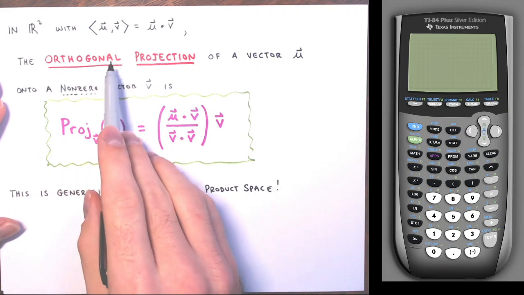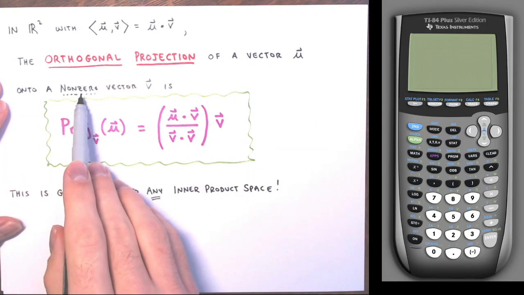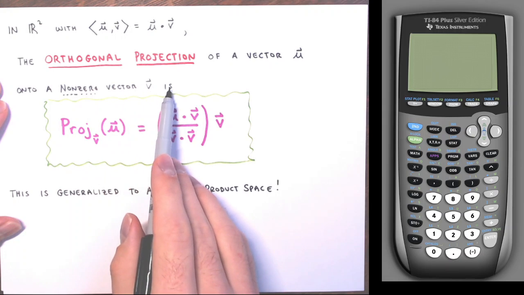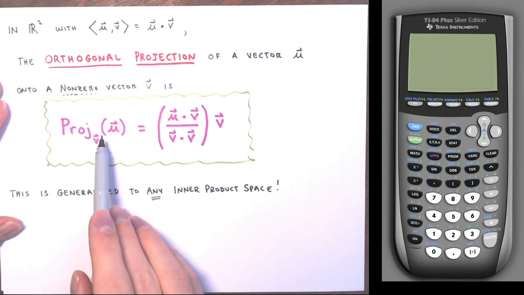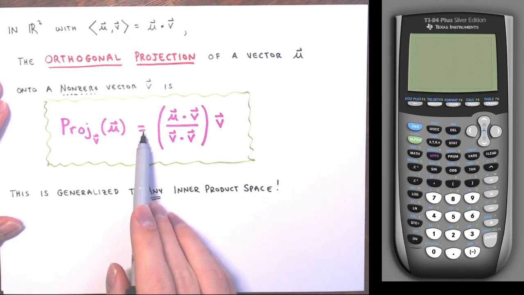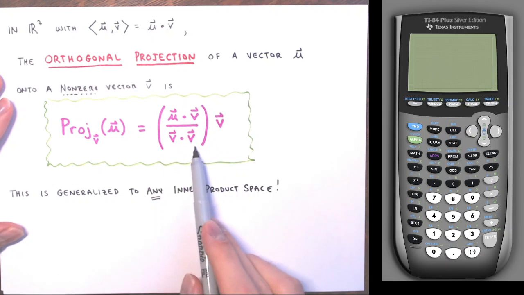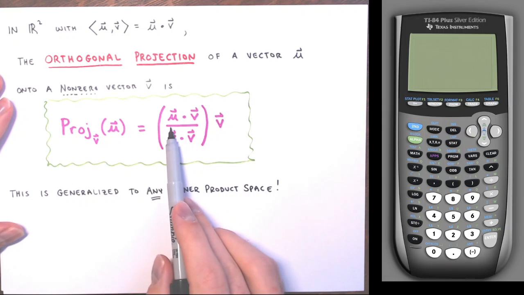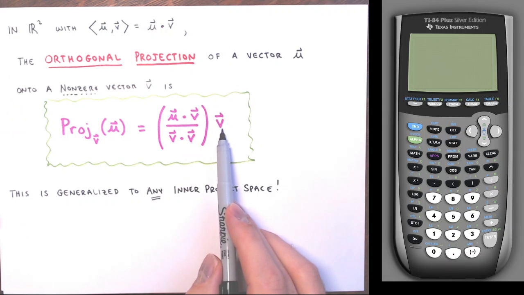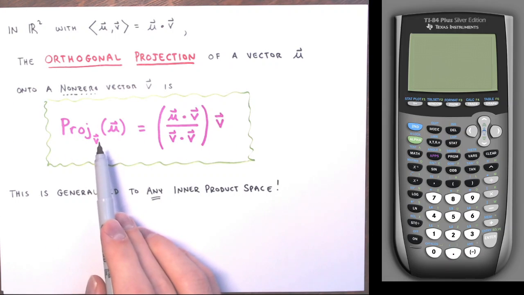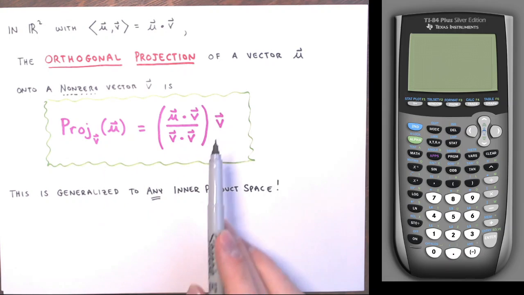So the orthogonal projection of u onto v equals some scalar multiple of v, and that scalar is u dot v divided by v dot v, and then times v, right? Because again the projection vector is on the same line that v is, so it should just be a scalar multiple of v.